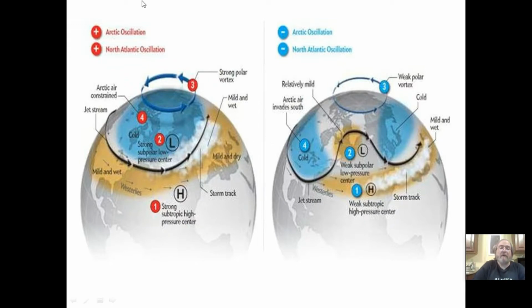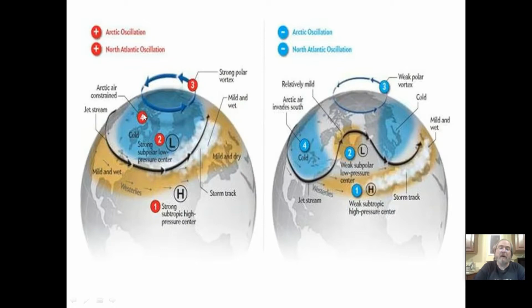So we have here Arctic Oscillation, North Atlantic Oscillation, both in a positive mode. Arctic Oscillation, North Atlantic Oscillation, both in negative mode. Okay. Strong subtropical high pressure systems, the Azores. Strong subpolar low, that's the Icelandic. Okay. So you get a strong polar vortex, very strong cyclonic flow.